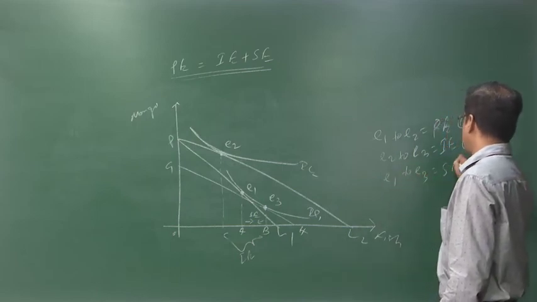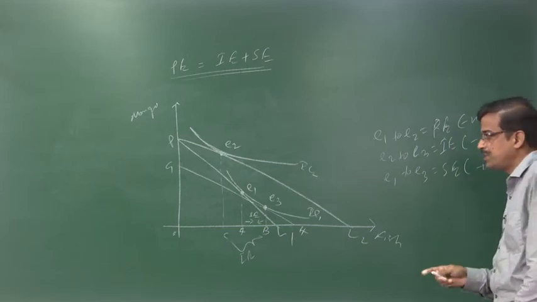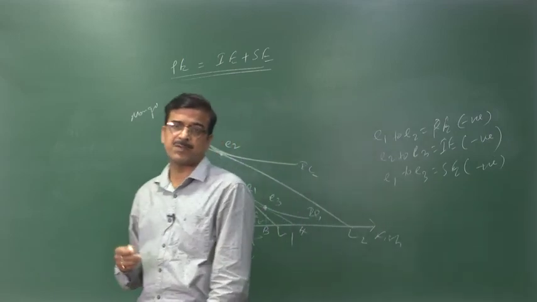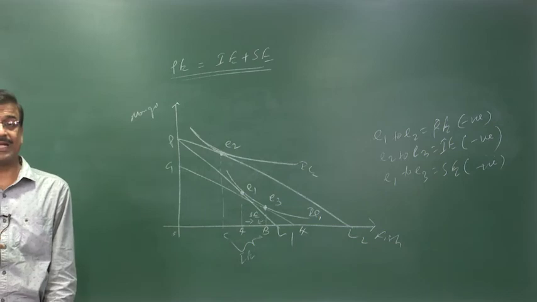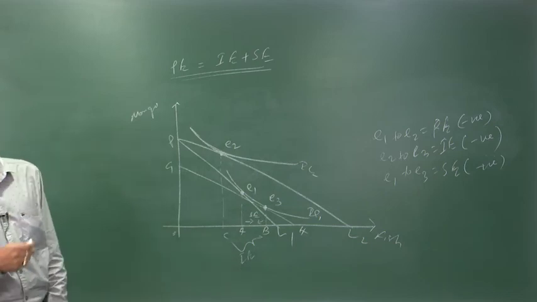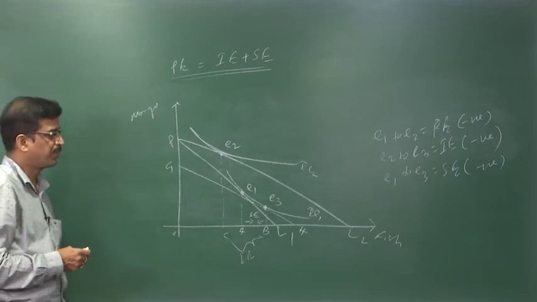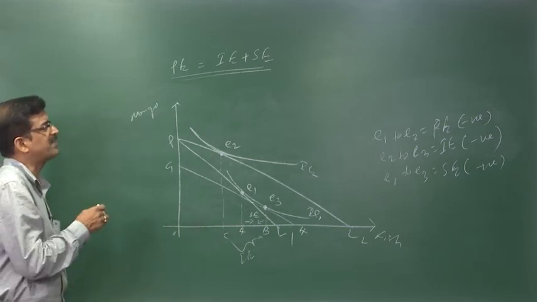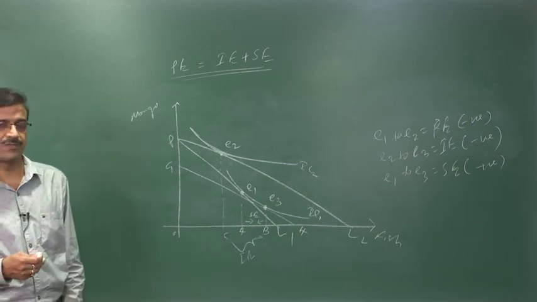The positive substitution effect is less than the negative income effect. As the positive substitution effect is less than the negative income effect, the price effect turns out to be negative. So here also we can show how the price effect is decomposed into income and substitution effect.